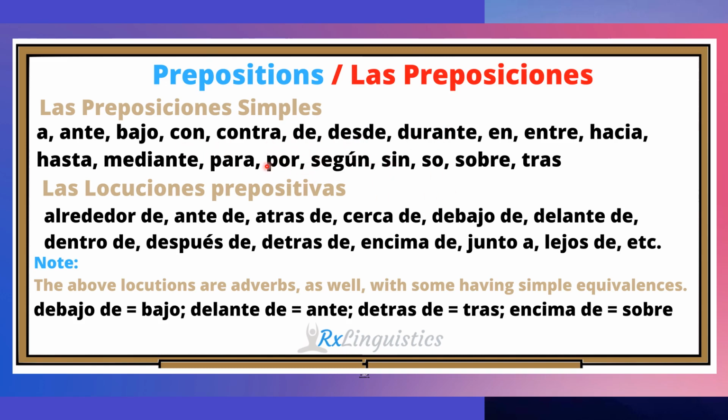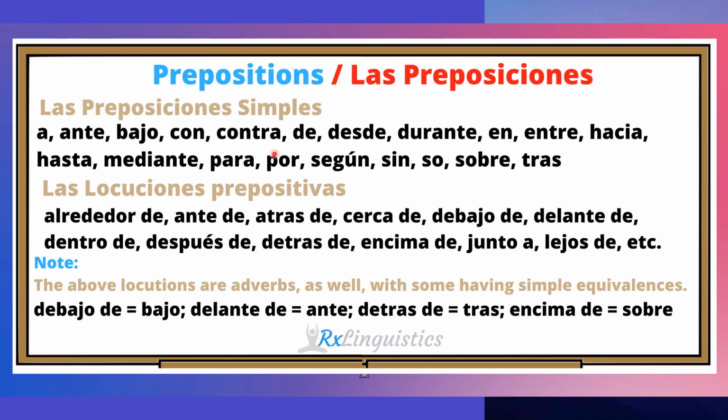Take note, write them down as prepositions in your notebook. By writing things down, you are already learning, because when you write them down, I'm not talking about typing. You take your pen or pencil and write this down. On top you have a big title, Las Preposiciones.